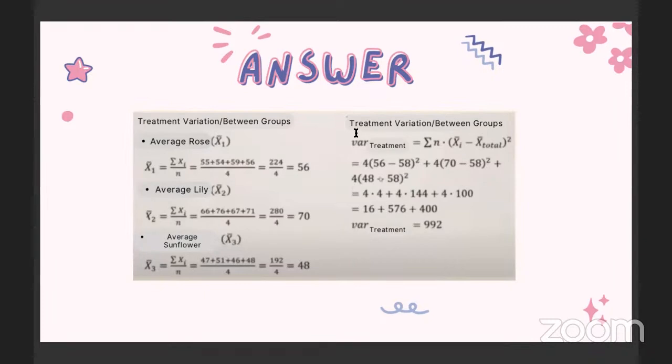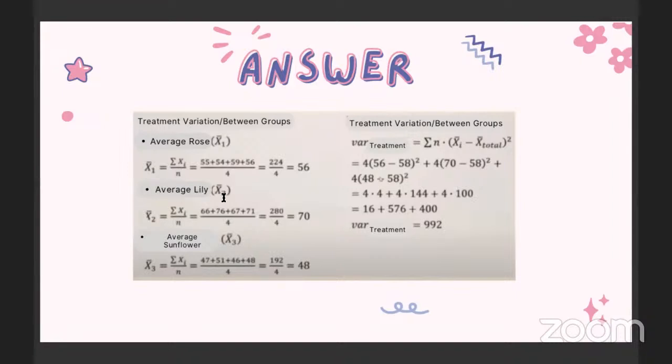The next is treatment variation, or between groups. First, the average of roses, X bar 1, is 55 plus 54 plus 59 plus 56 divided by 4, which is 224 divided by 4. So the result is 56.